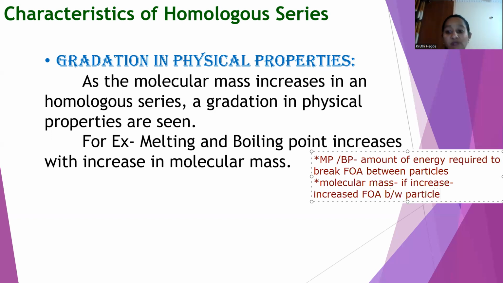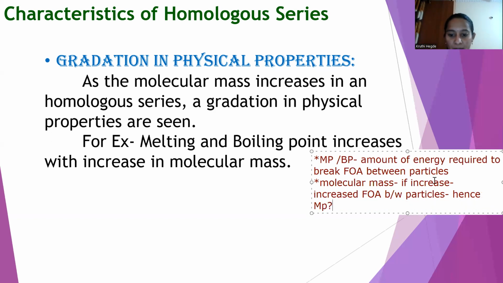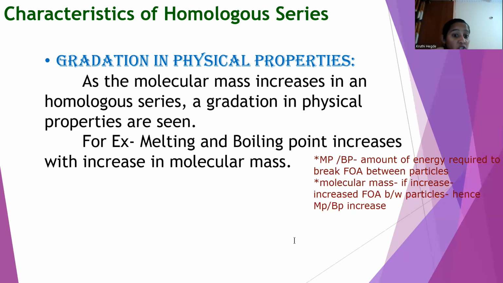Okay, particles मध्ये force of attraction ಜಾಸ್ತಿ ಆಗುತ್ತೆ, hence MP or BP will increase. ಗೊತ್ತಾಗ್ತಾ ಇದೆಯಾ ಯಾಕೆ ಮಾಲಿಕ್ಯುಲರ್ ಮಾಸ್ ಇನ್ಕ್ರೀಸ್ ಆದಾಗ ಇನ್ಕ್ರೀಸ್ ಆಗುತ್ತೆ ಅಂತ? ಬಿಕಾಸ್ ಫೋರ್ಸ್ ಆಫ್ ಅಟ್ರಾಕ್ಷನ್ ಜಾಸ್ತಿ ಆಗುತ್ತೆ.